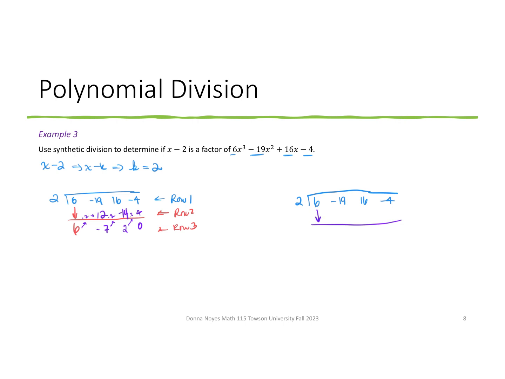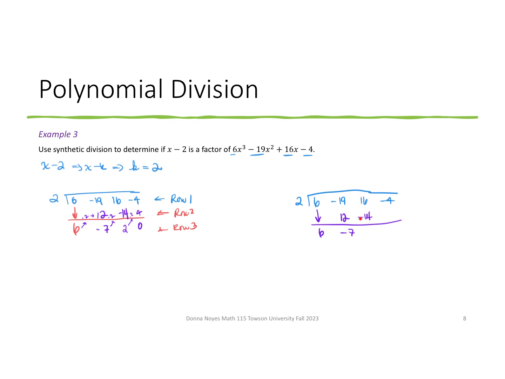We drop the 6, and we say 6 times 2 gives me 12. Negative 19 plus 12 is going to give me negative 7. And then I take negative 7 times the 2, which is k, and I end up with a negative 14.